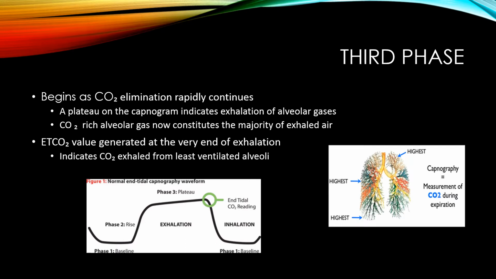So if you look at these pictures I have up here, you can see the lung with all the alveoli. If you consider that the alveoli at the very ends are going to take the longest for that CO2 gas to exchange and to be exhaled, that is when you are going to get your end tidal CO2 reading.